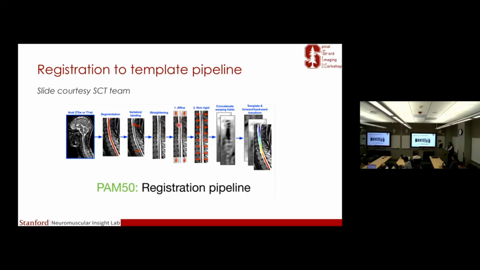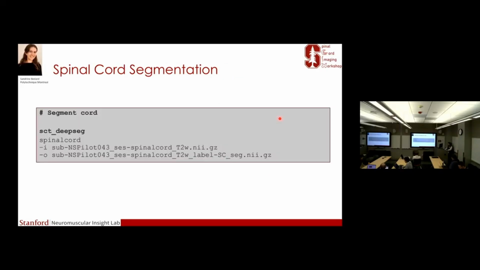And then there are affine transformations that match the vertebral levels between native space, meaning the subject space, and the template, and then non-rigid transformations that match the cord, and then they concatenate these warping fields, and this way you get transformations to template and backwards from template to the subject or native space.